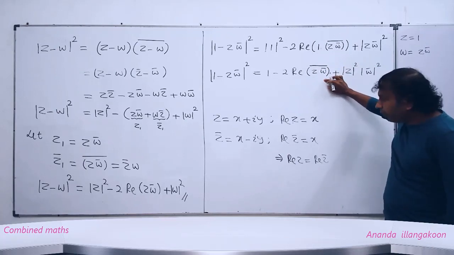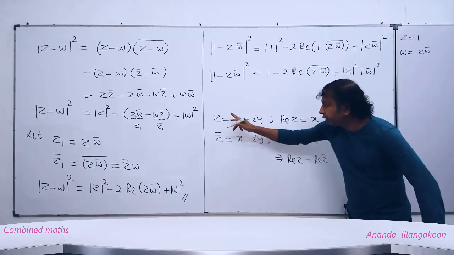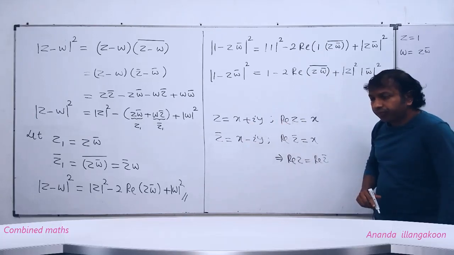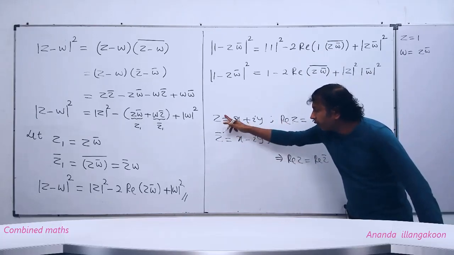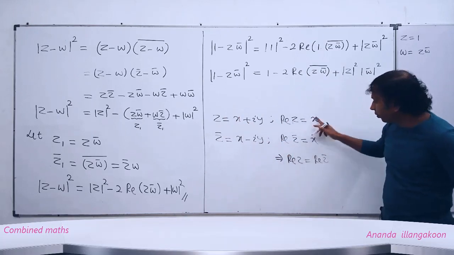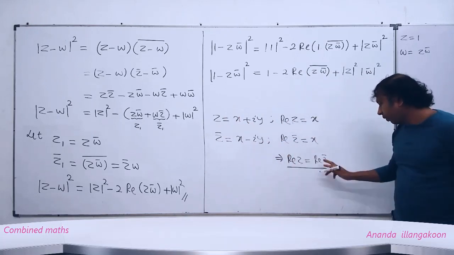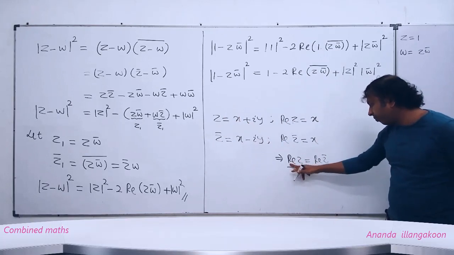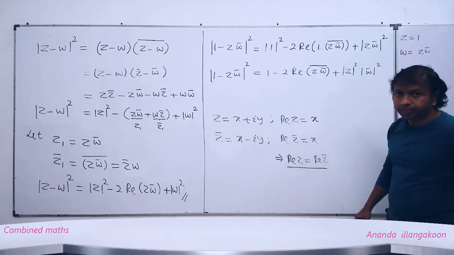Okay, now according to this, real part of Z and real part of its conjugate. The conjugate complex number's real part and the complex number's real part are both equal.